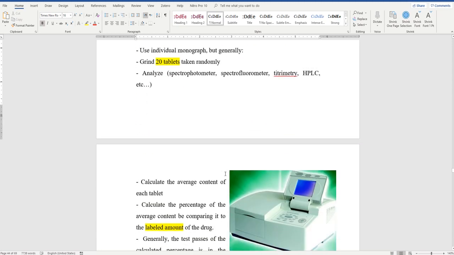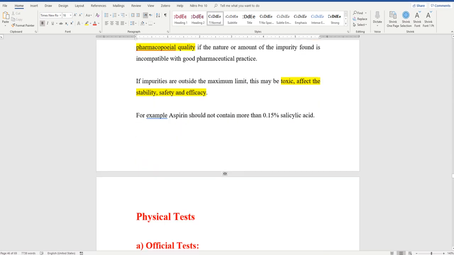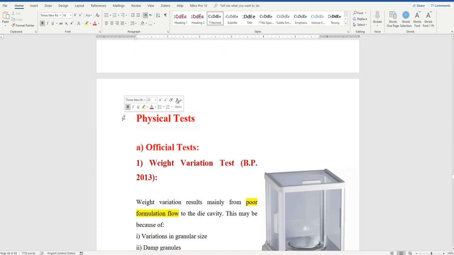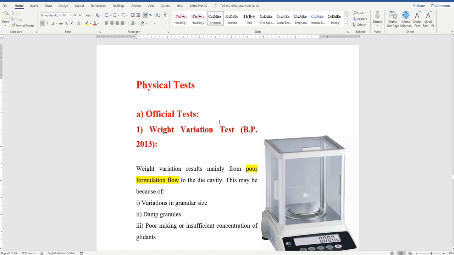Now, if we go to our main discussion today, which is the physical tests. The first of these tests that we will talk about is the weight variation test. This is in accordance with the British Pharmacopoeia 2003, and it is similar to that of 2018 as well.